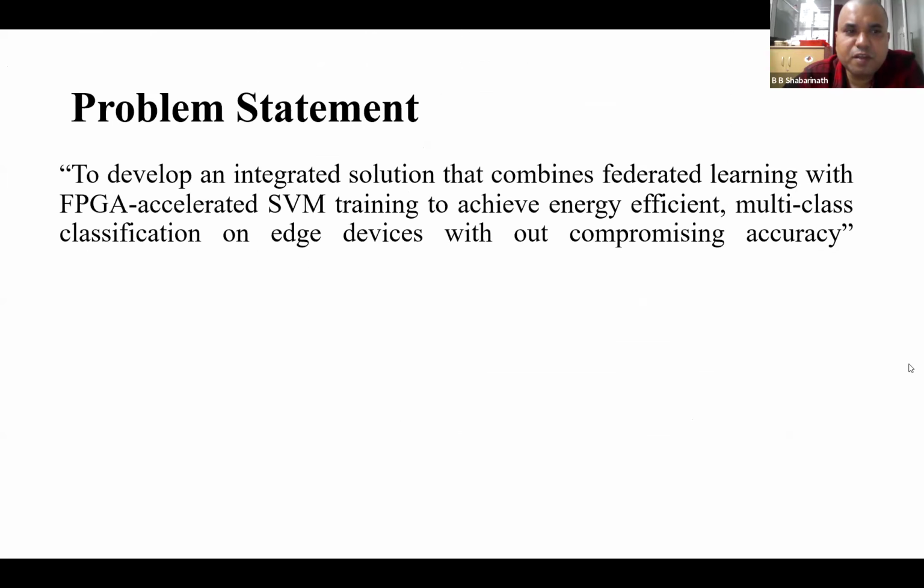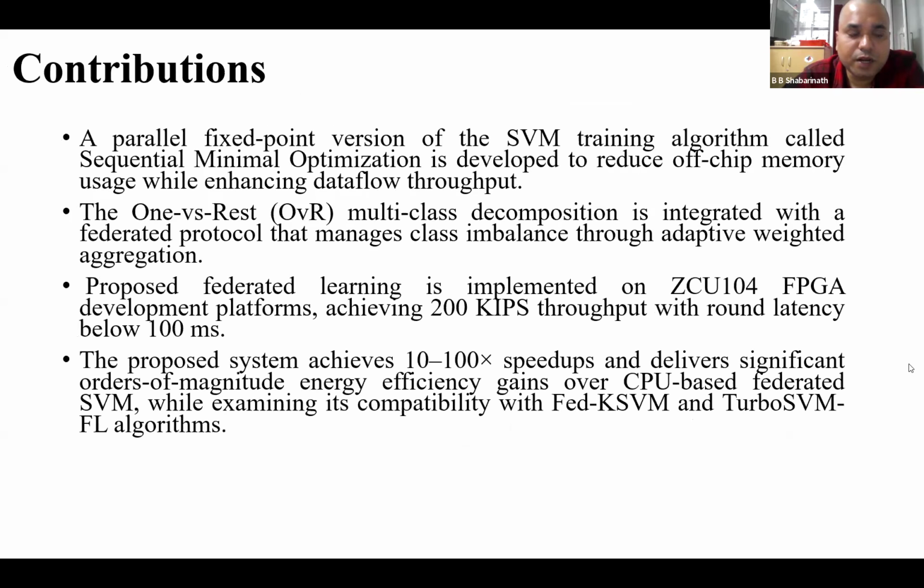Hence we came up with a problem statement: to develop an integrated solution that combines federated learning with FPGA-accelerated SVM training to achieve energy-efficient multi-class classification on edge devices without compromising accuracy. Coming to our contributions, we developed a parallel fixed-point version of the SVM training algorithm, sequential minimal optimization, to reduce off-chip memory usage while enhancing data flow throughput.